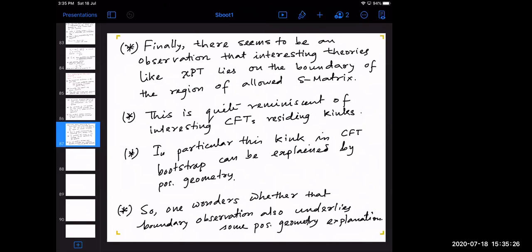Okay, so with these words, I want to finish the traditional bootstrap study. This is the kind of stuff that has been done. In the remaining 20 or 25 minutes, I want to discuss a small direction about S-matrix.